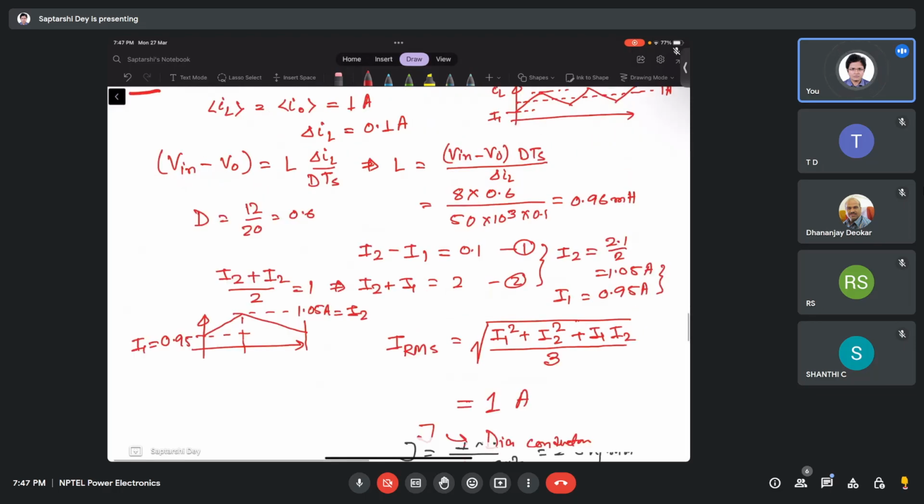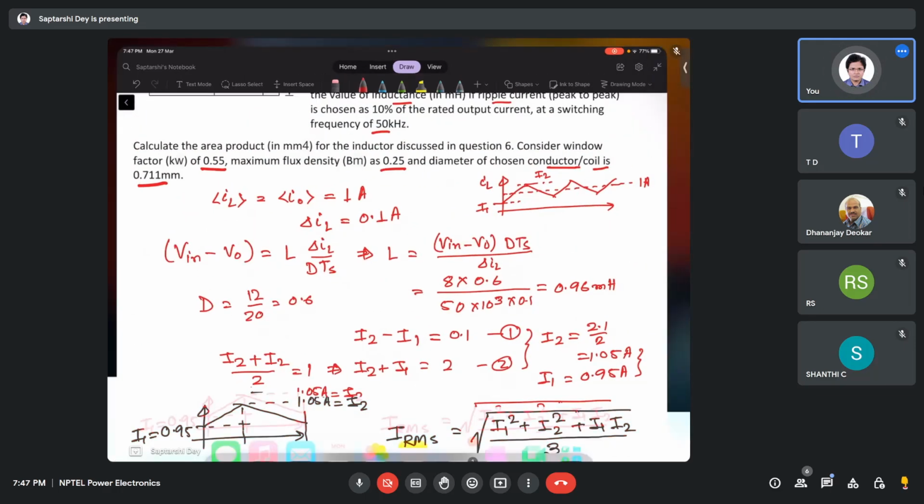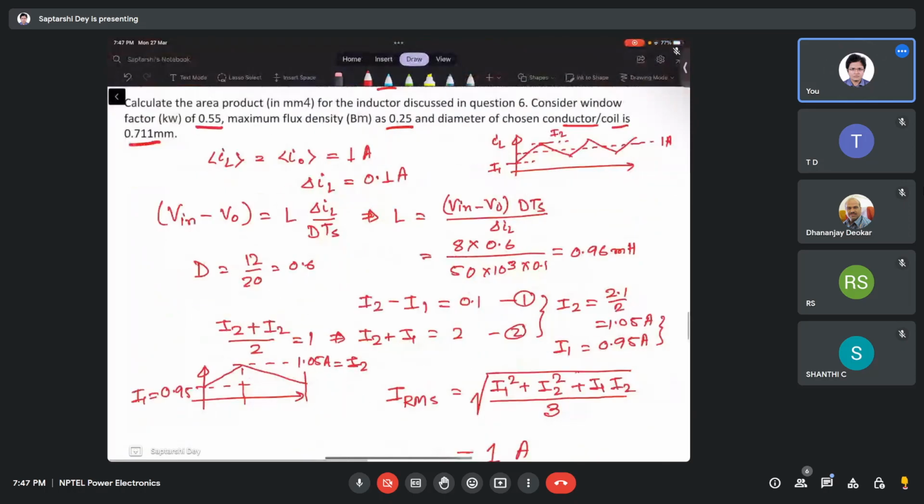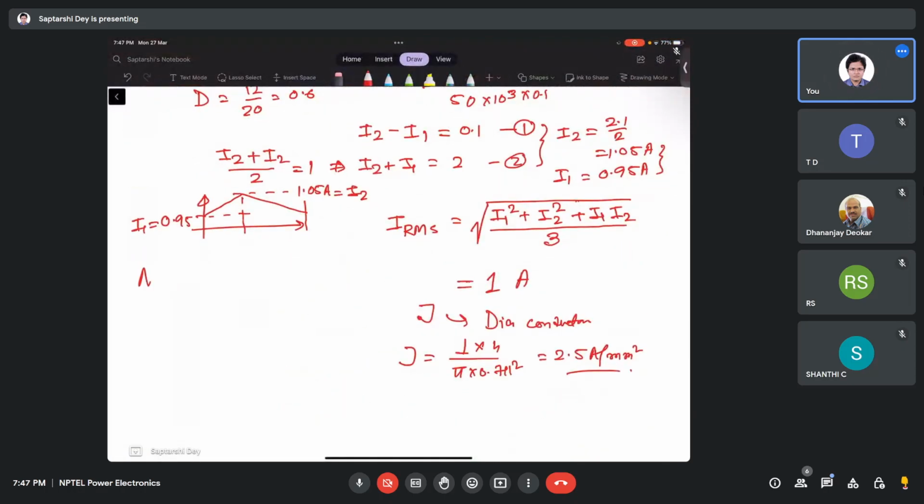So the thing is, it is the area product, which is area of core times area of window, right? Let us say we are talking about an E core. Okay, so the middle limb, what is the area of the middle limb that we need?